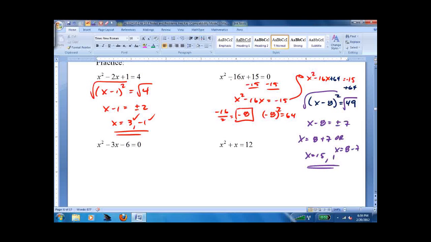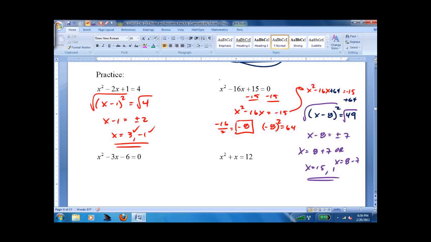Which means we could have factored this one. Looks like this would have factored as X minus 15, X minus 1. And that would have given us answers 15 and 1, which are what we got down there. Try the next two on your own. They're not nice.